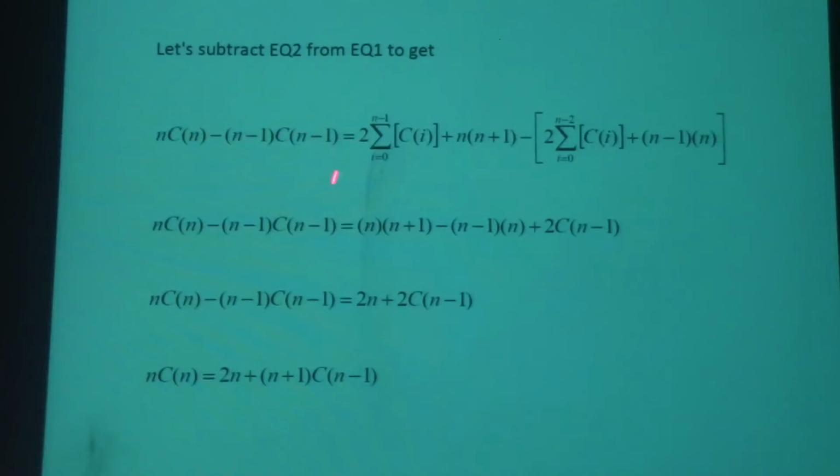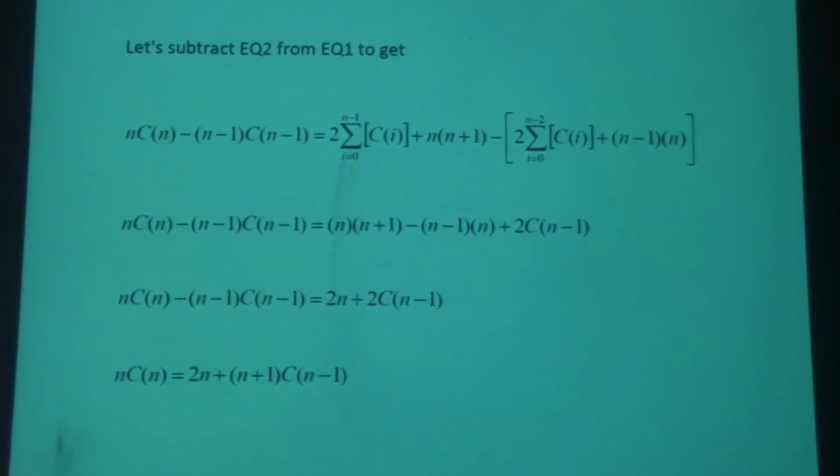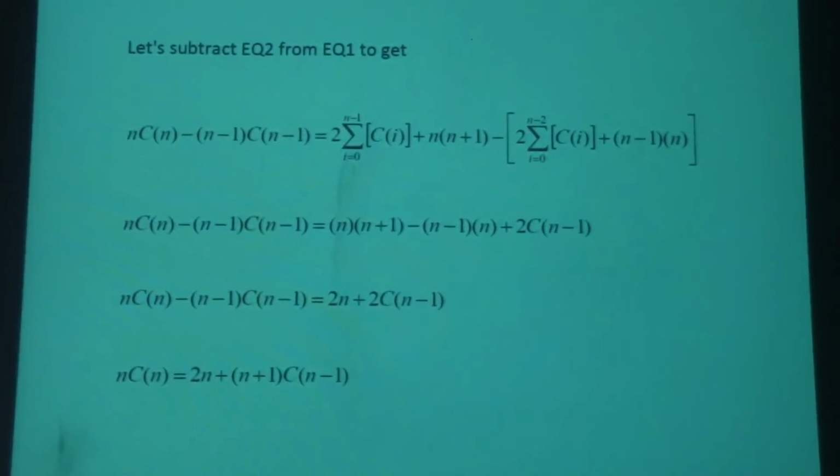That's the 2 minus 1. And then this one minus this one. So what do we have? We have nCn minus n minus 1 Cn minus 1. But here something has been simplified, and we have taken away a lot of terms. So we have n times n plus 1 minus n minus 1 times n.